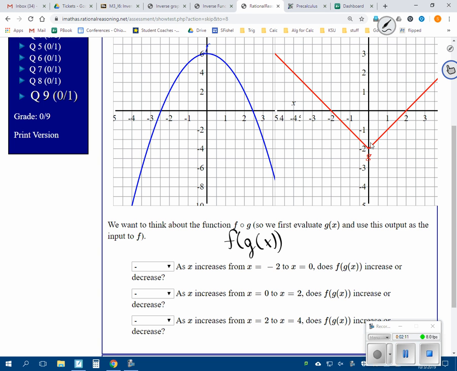What are those y values going to be? From 0 to -2. Okay, so when your input to g is -2 to 0, your output is 0 to -2. Are you guys with me on that?